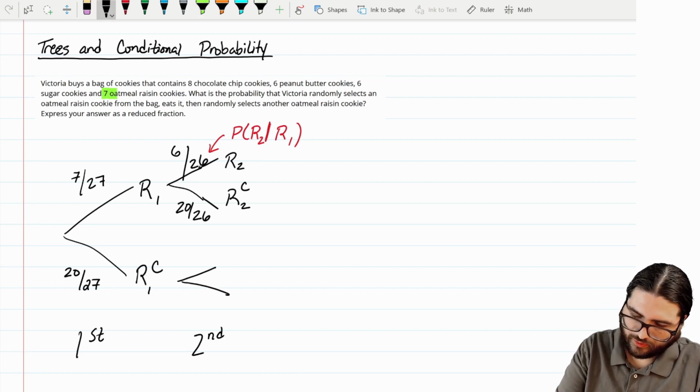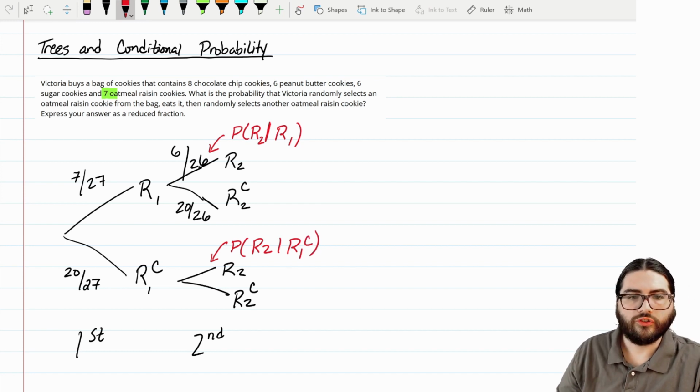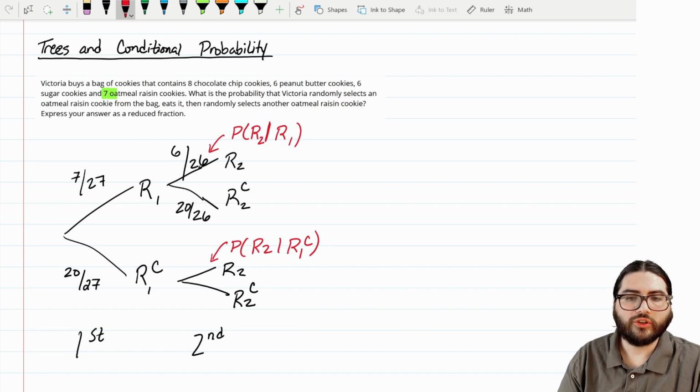Now let's see here. This probability would be the probability of getting a raisin cookie on the second try, given that I did not get a raisin cookie on the first try. Let's see, if I did not get a raisin cookie on the first try, that means I took a cookie out of the bag.